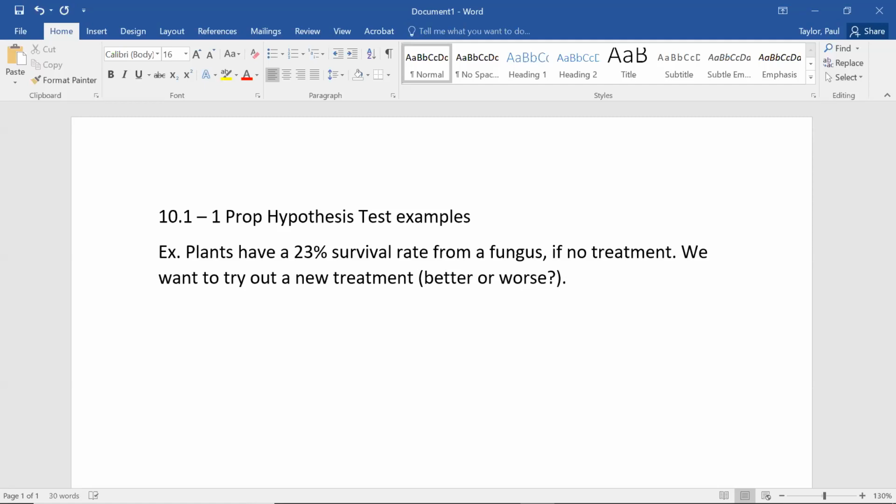We are going to run an experiment, test this treatment on a bunch of plants and see what the survival rate is after they have the treatment. Before we see the results of the experiment, we're supposed to pick our significance level, the percentage which is going to be our line for small enough that we consider it strong evidence that our null hypothesis is false.